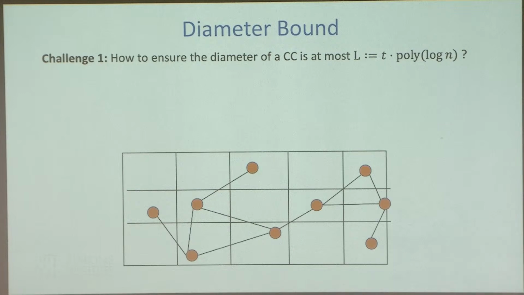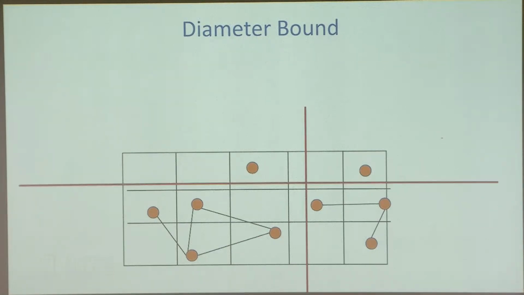Actually, if you do not have other constraints, this may not be true, because you can imagine you can have a very long path. Though you already have this kind of supernode, this path can be very long, so the diameter of these connected components can still be very large. So how do you do this?